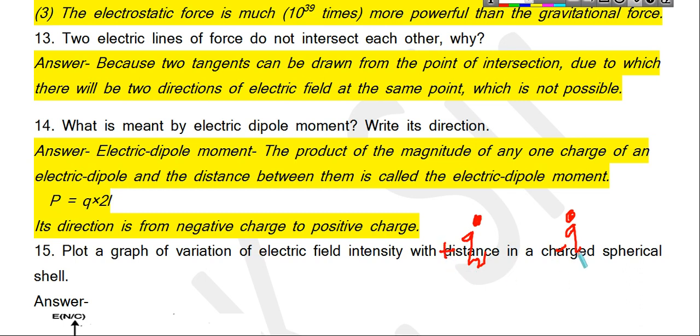This is plus and this is minus, and the distance between them is 2L. Then the product of the magnitude of charge and the distance between them is known as dipole moment. Its direction is from negative charge to positive charge.